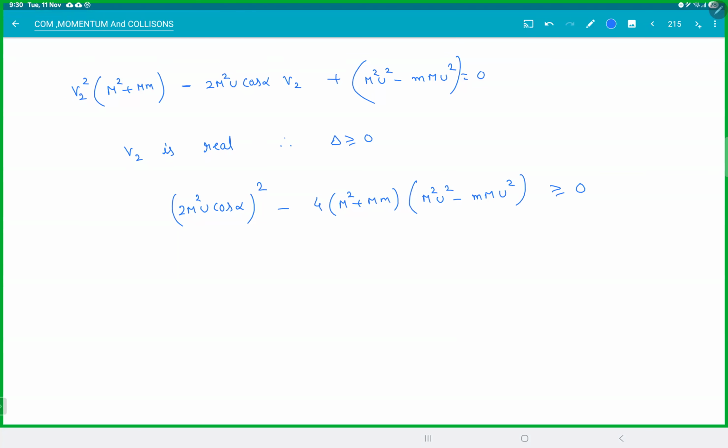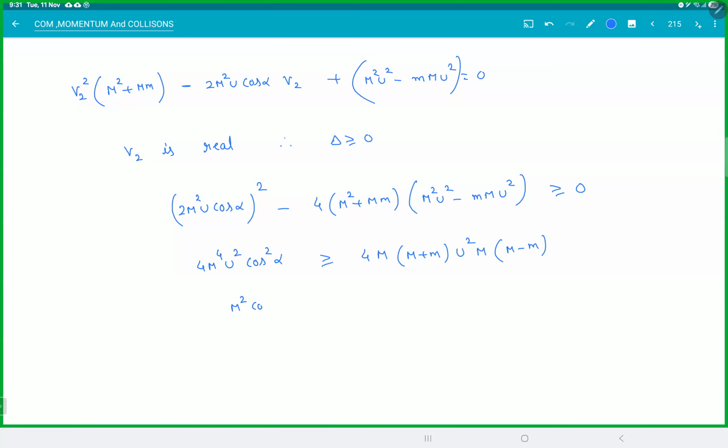So if you solve this, you should get something. Take M common here. Take u square common here, and one m also common here. That will be M minus m. u square goes off, M goes off, 4 also goes off.